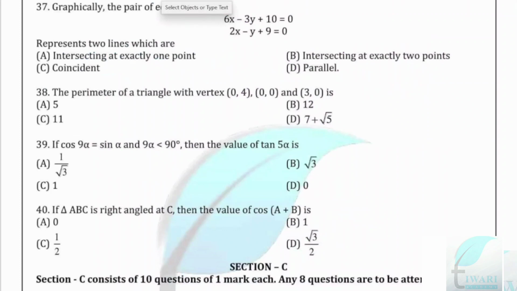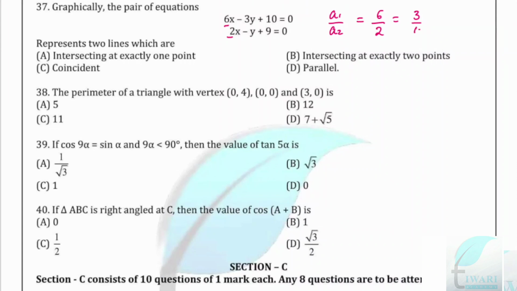Question number 37. Graphically, the pair of equations 6x minus 3y plus 10 equals to 0 and 2x minus y plus 9 is equals to 0 has what kind of nature? So let us consider their coefficients. a1 by a2 is 6 by 2, which is equals to 3 by 1.